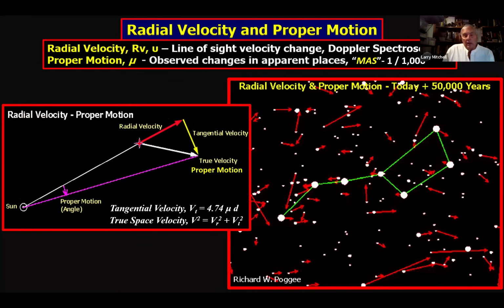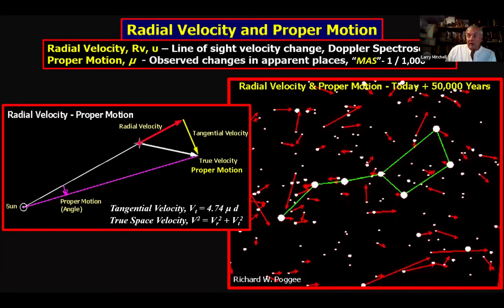And knowing that, we can develop the third side, which in trigonometry we'd call the hypotenuse, but that is the true motion of a star or an open cluster, and that true motion we call proper motion.